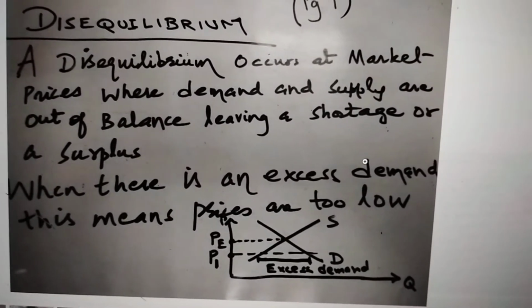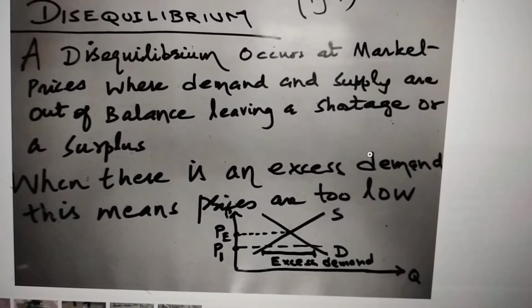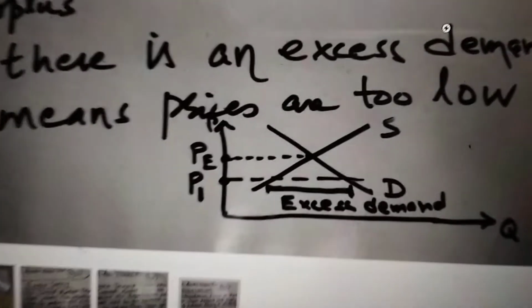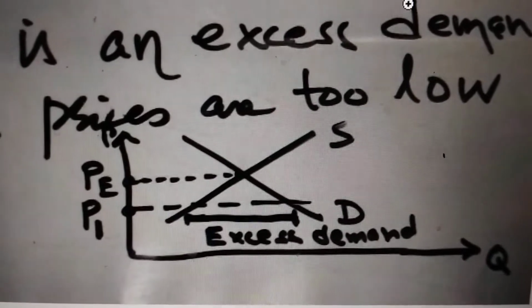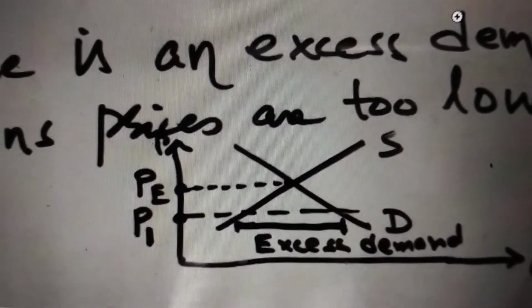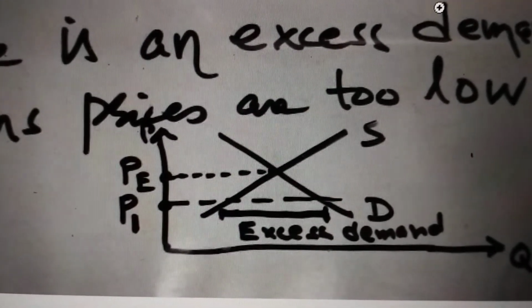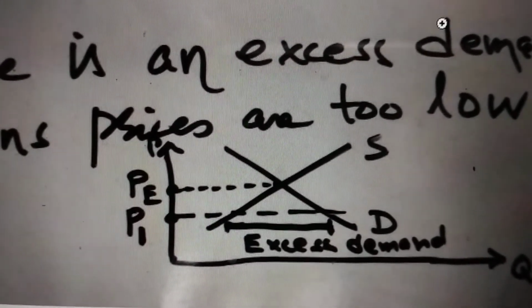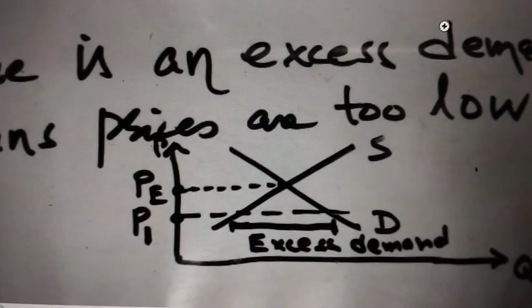When there is an excess demand, this means prices are too low. In the diagram over here, you see that PE is representing the equilibrium price, and I have kept P1. P1 is the market price.